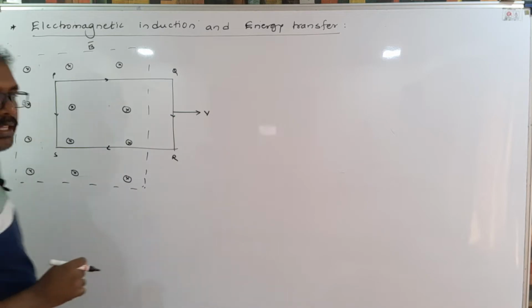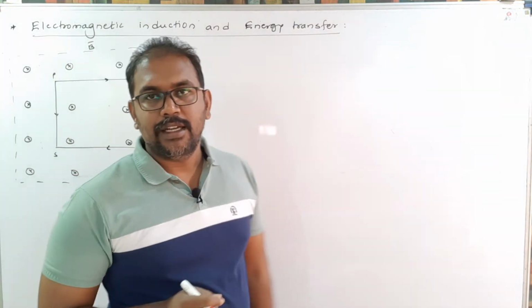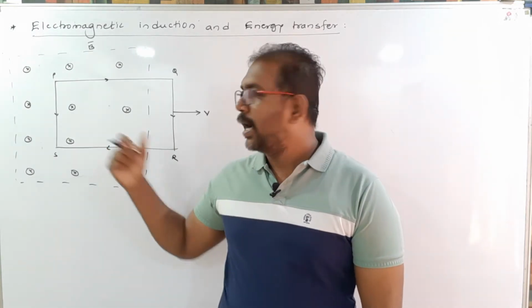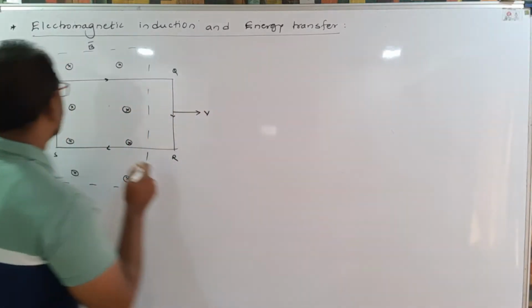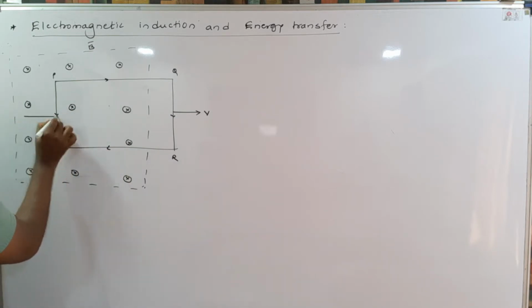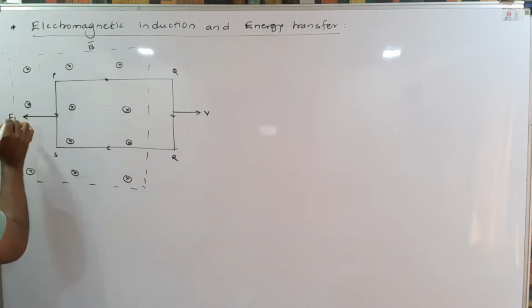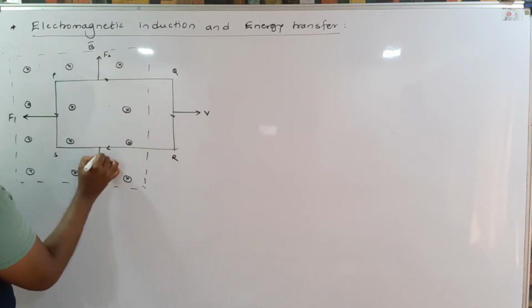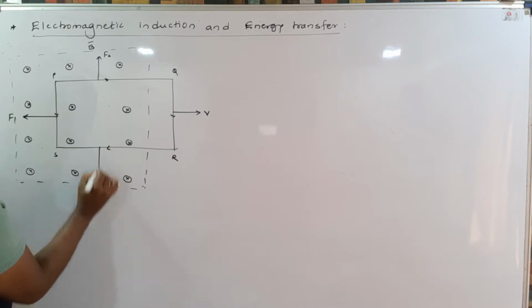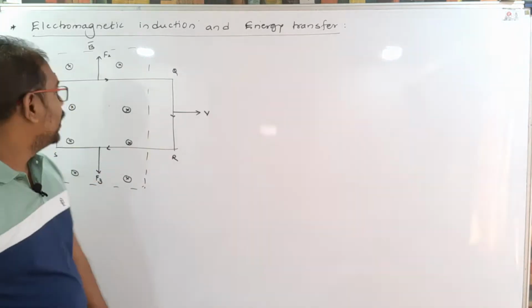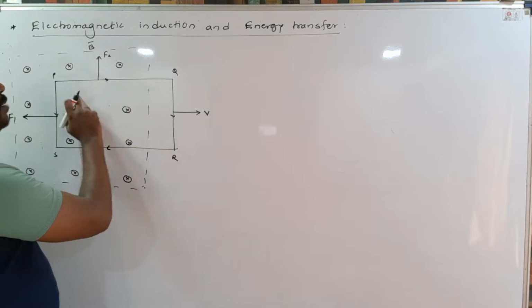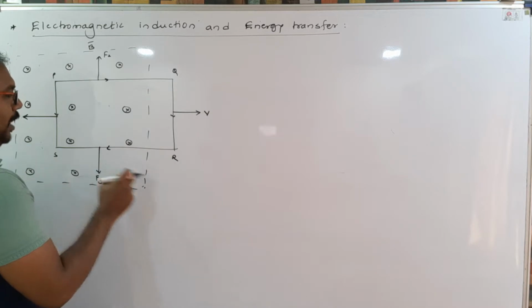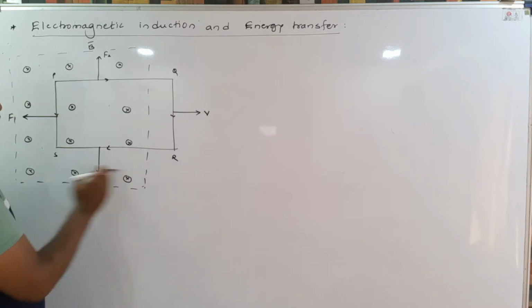You know that a current carrying conductor experiences some force in a magnetic field. So I can consider this side experiences force F1, this side experiences force F2, and this side experiences force F3. The current through segment PQ is toward this side and the current through segment SR is toward this side.